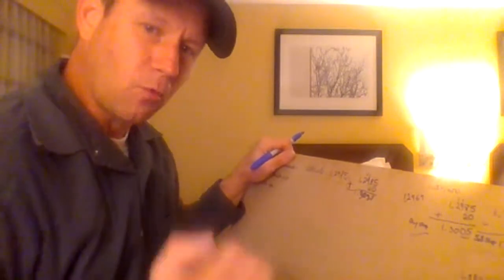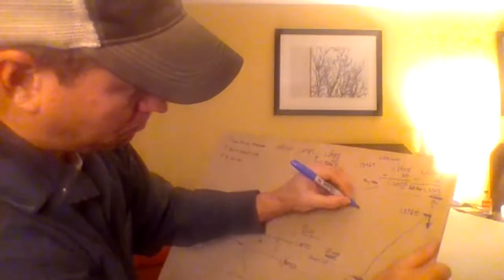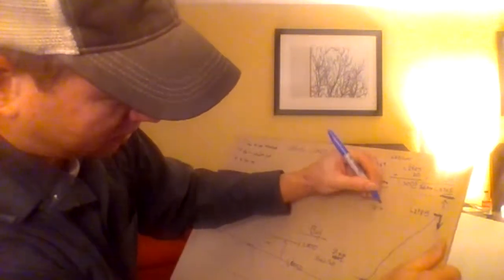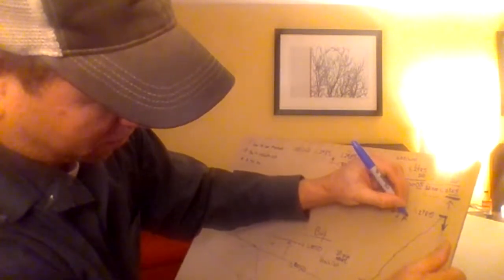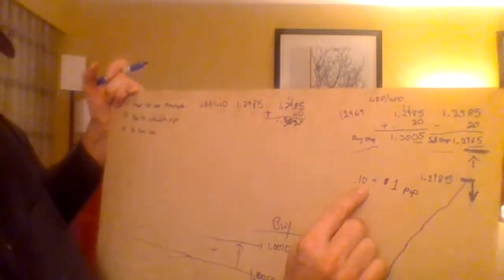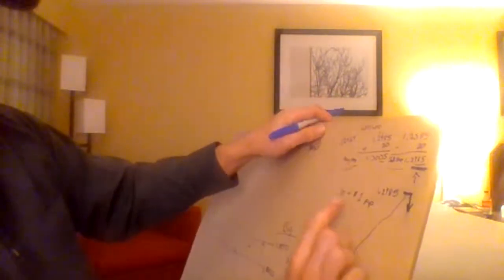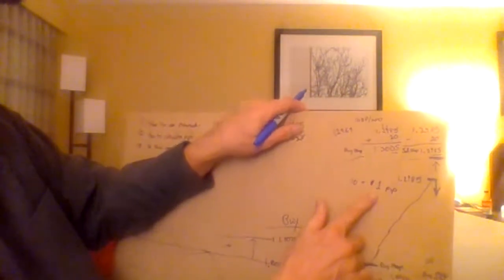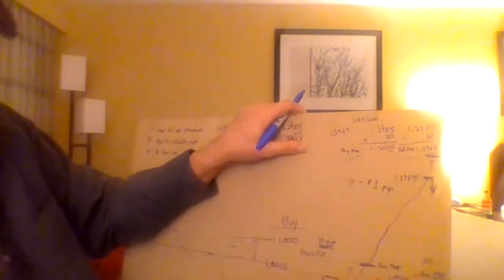If we do a mini lot, which is a 0.10, that equals $1 per pip. Okay, see right there? A 0.10 equals $1 per pip. So if I did that size at $1 a pip, I'm risking $40.